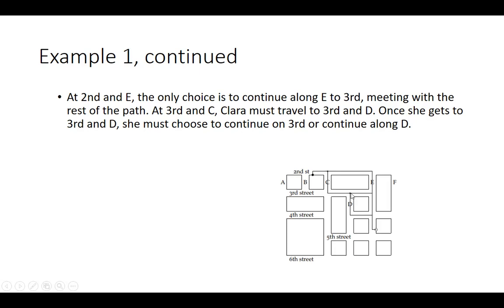So once she gets to 3rd and D, she must choose to either keep traveling along 3rd Street to meet up with this path, or from 3rd and D, she can go down D and meet up with this path.